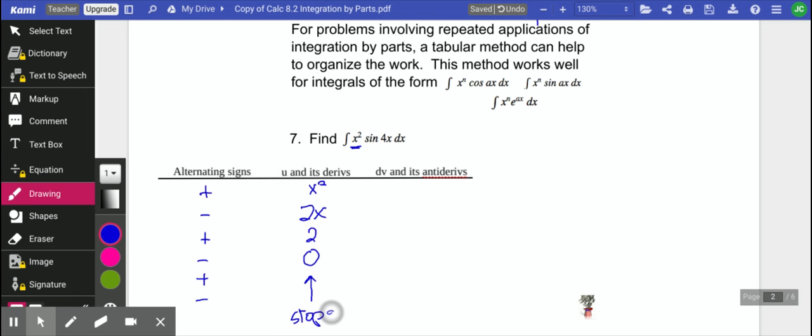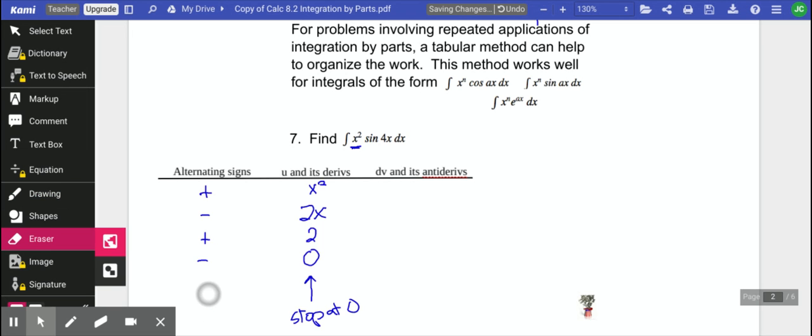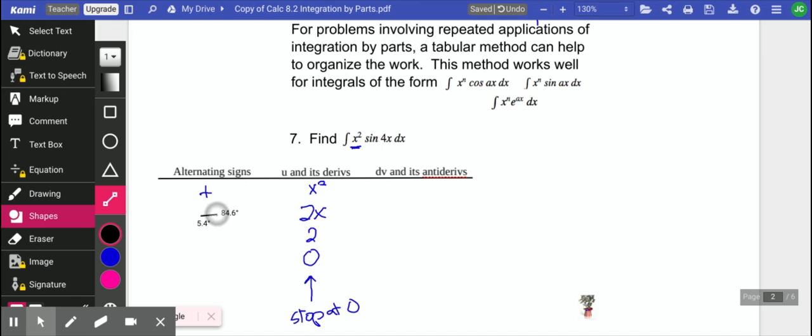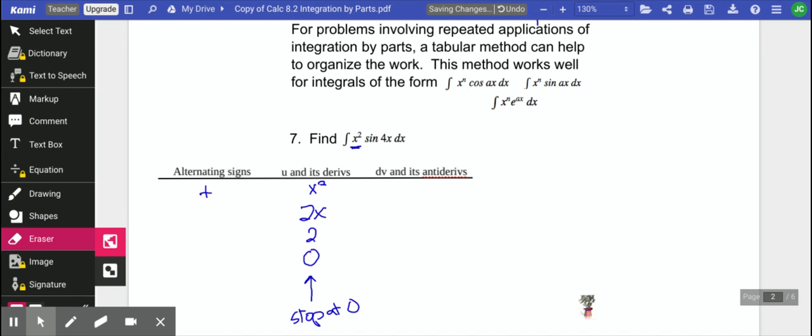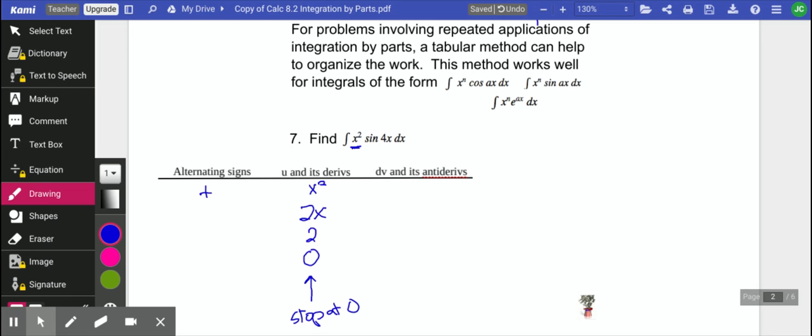Stop at 0, which means I didn't need all of these. Basically we're going 4 steps. So the signs go positive, negative, positive, negative. Then the other part, sine of 4x, is dv.